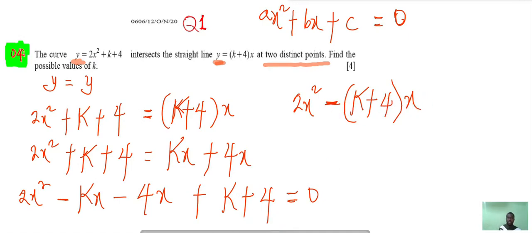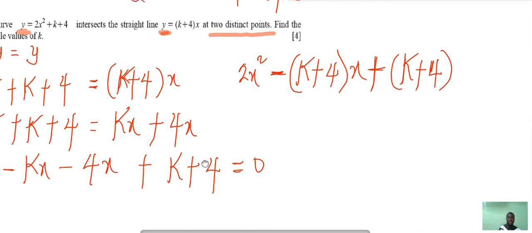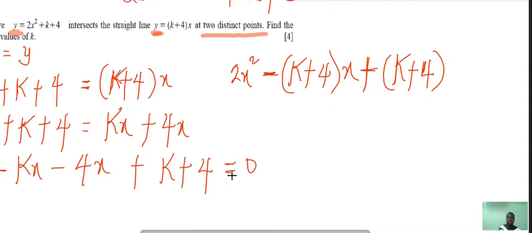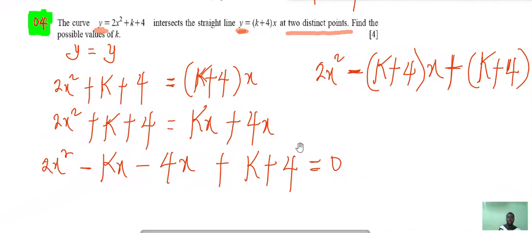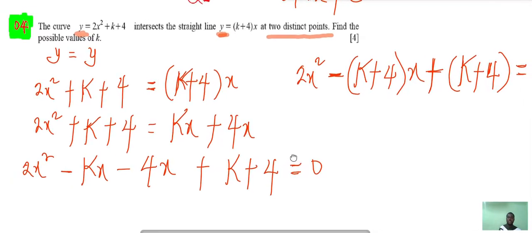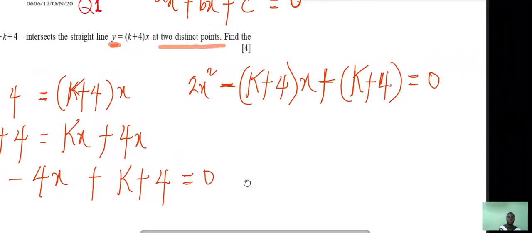That's correct. Plus k plus 4, which I can group since those are the terms without x, equals 0. So we have 2x squared minus k plus 4 times x plus k plus 4 equals 0.